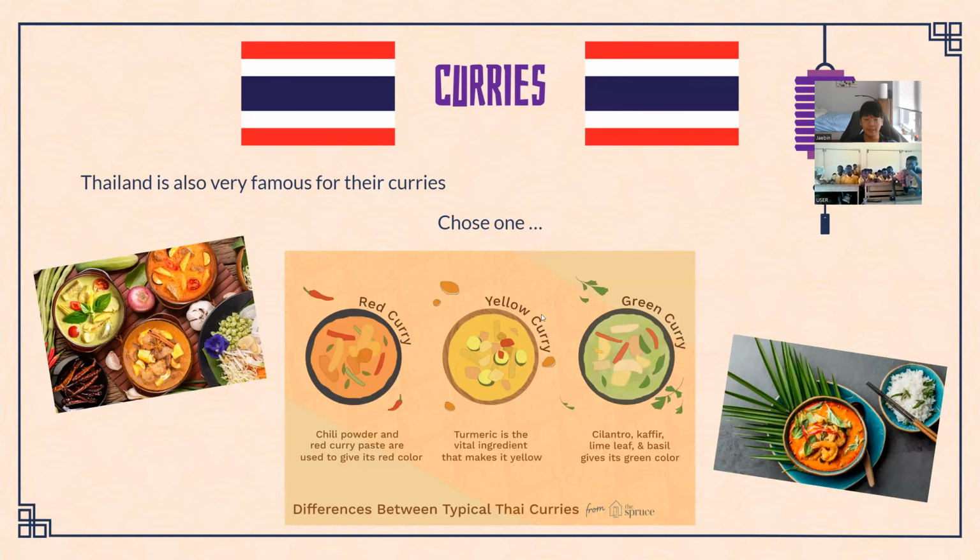Those are the three main curries, and they are categorized by their colors: red, yellow, and green. The picture on the left shows an actual picture of those three curries. It's usually served with rice, so you typically eat it with rice. Those are the three main curries in Thailand.